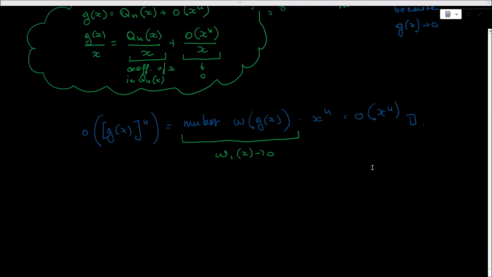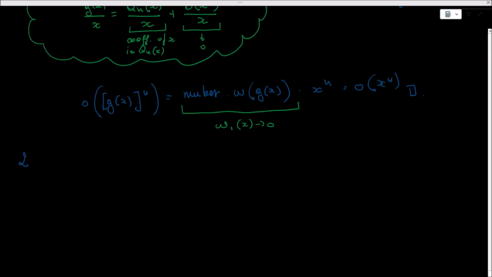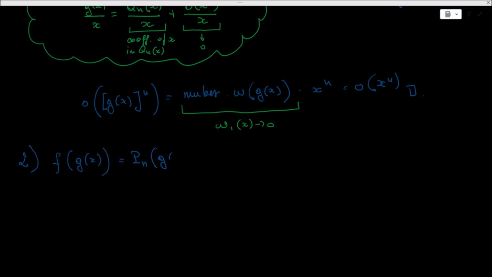And we are now ready to go to step 2 of the proof. What we have just proved is that f of g of x is equal to Pn of g of x plus little o of x to the n.